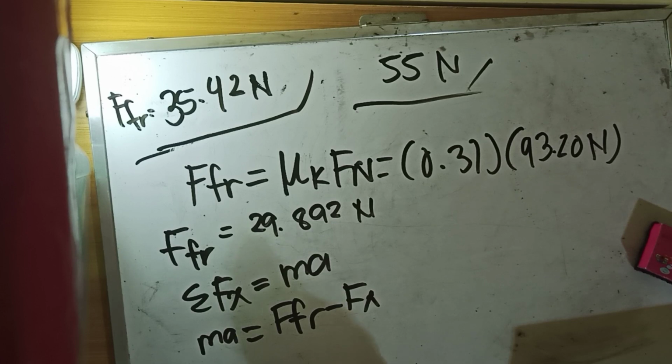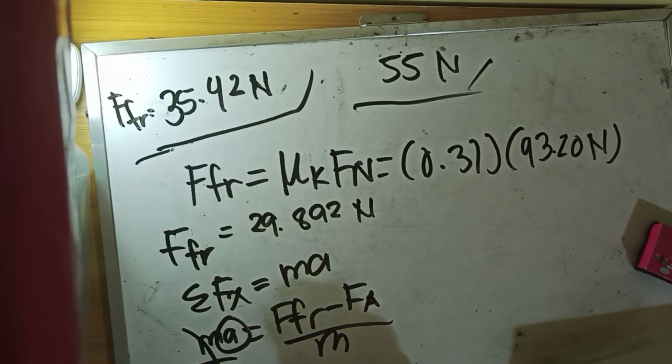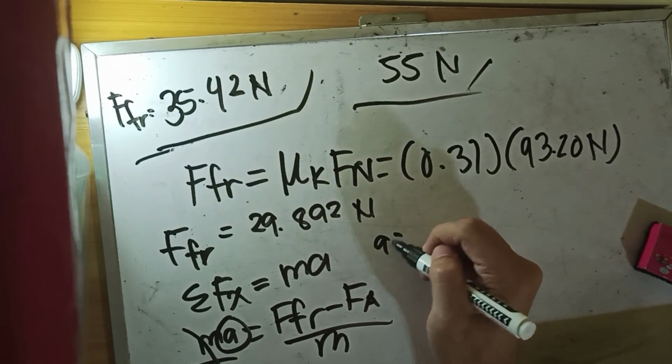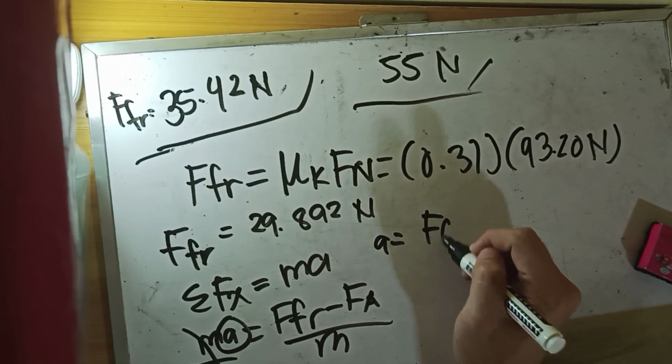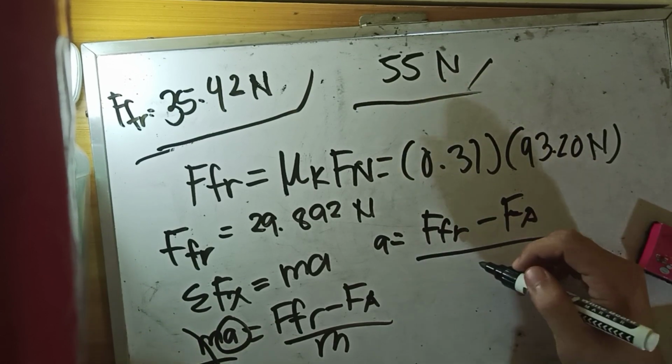Yan. And, ang hinahanap sa atin is yung acceleration. So, para malaman yon, kailangan maiwan yung ating letter A. So, we divide both side by letter M so that we can cancel this letter M from this side. So, ayan. Acceleration is equals to force of friction minus force applied over mass.